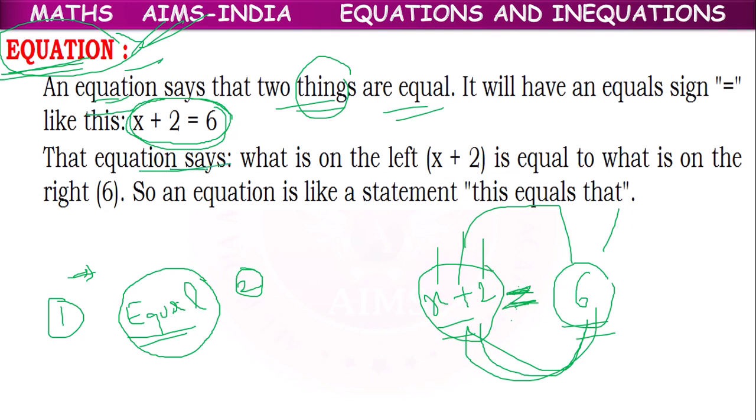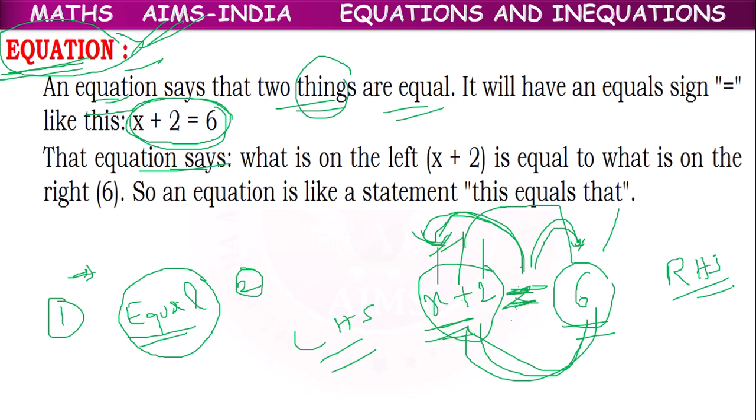So an equation has two parts: the left part of the equation and the right part of the equation. Whatever expression is to the left of the equality sign is known as the left hand side term, or LHS, and the term on the right side of the equality sign is the right hand side term, RHS.